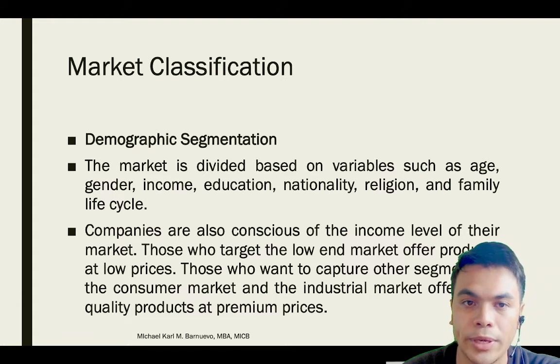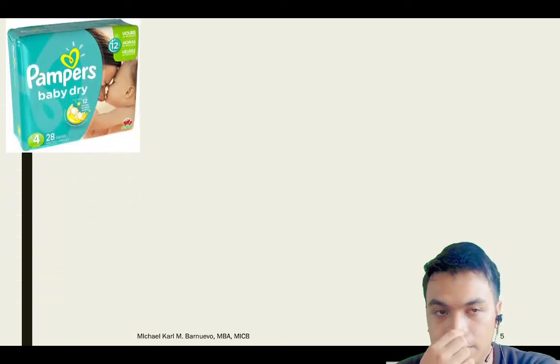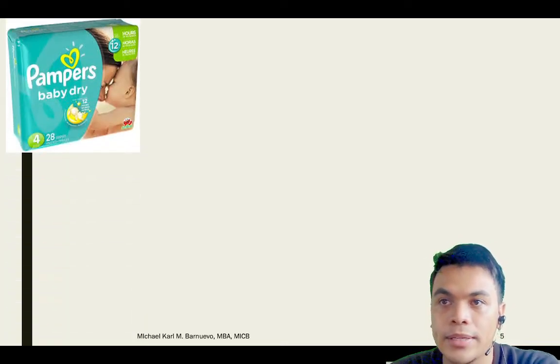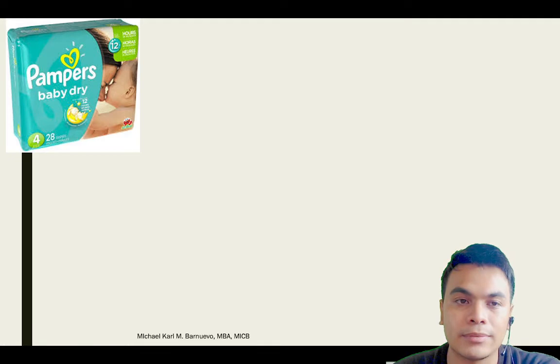That is one way of analyzing how global companies sell global products in third world countries. So here are some examples. One is Pampers.